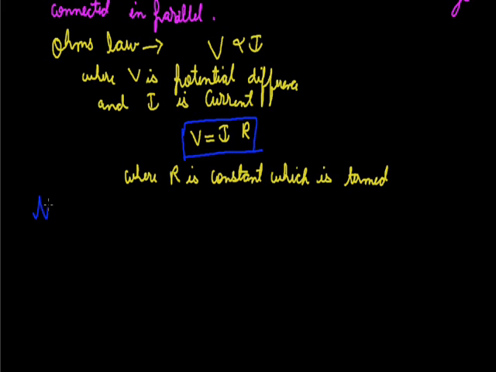Now, resistance is defined as the opposition offered by the conductor in the path of current. Means resistance always opposes the current flowing in the conductor.